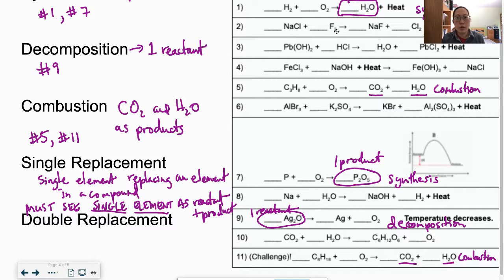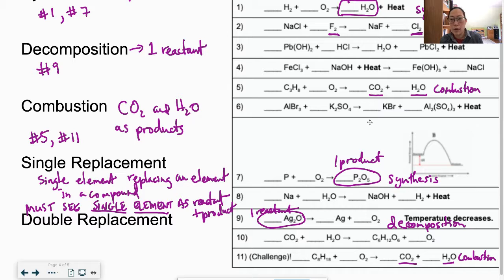So if we look at number 2, here's an element, F2, fluorine, on the left as a reactant, and it's kicking out the chlorine, and we see chlorine as a single element on the right. So this is a single replacement. Let's find another reaction that has a single element on the left and the right.